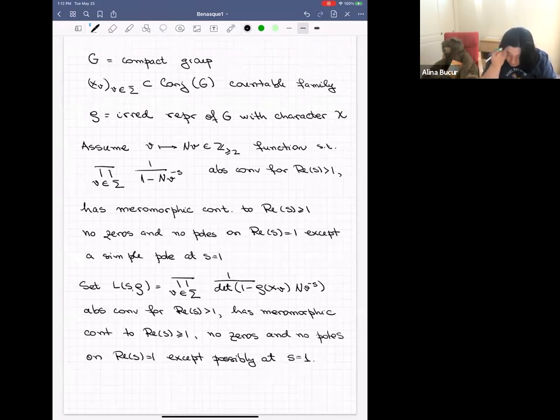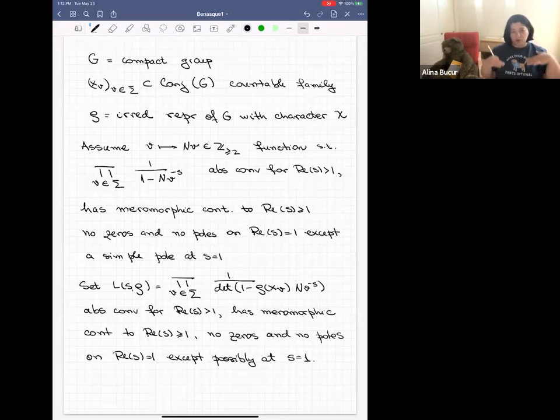And we assume that if you take the product over all v in Sigma of (1 - n_v^{-s}), this is absolutely convergent for real part of s bigger than 1, that it has meromorphic continuation to real part of s bigger than or equal to 1, and you also assume no zeros and no poles on the line real part of s equal to 1, except for a simple pole at s equal 1.